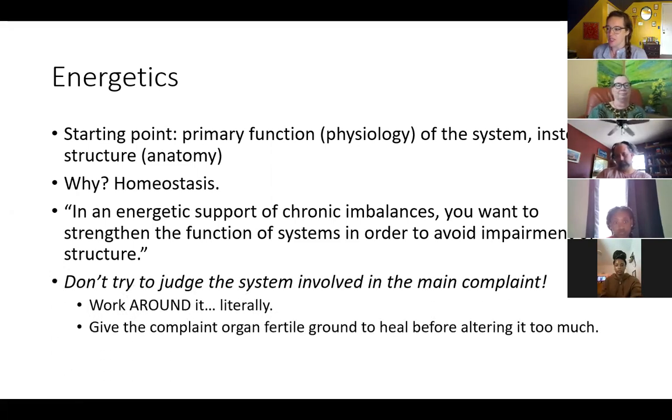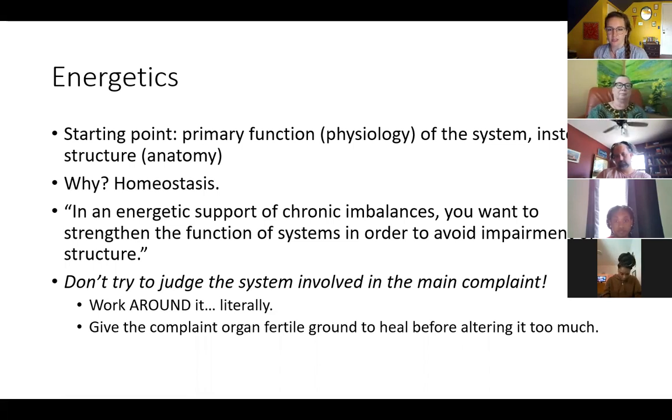not try to judge the system involved in the main complaint. We are literally talking about working around the system. So if you have one complaint, like my example is just the stomach, you start to, oh, I have a weak stomach. Well, you start to energize the stomach. Well, you're missing out on perhaps the root issue, which may be something above the stomach in the digestive system.